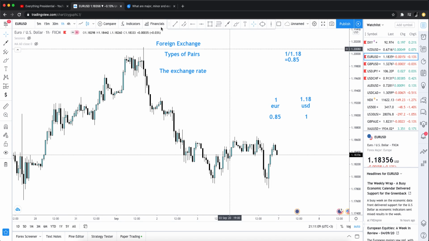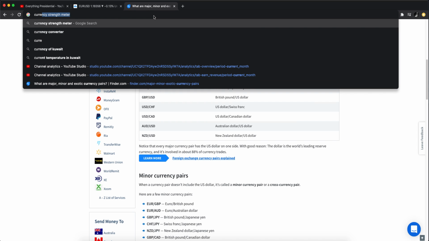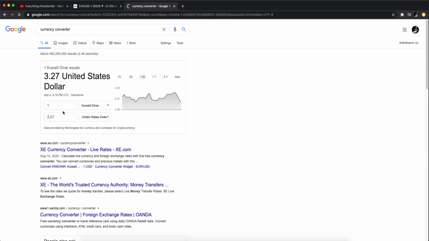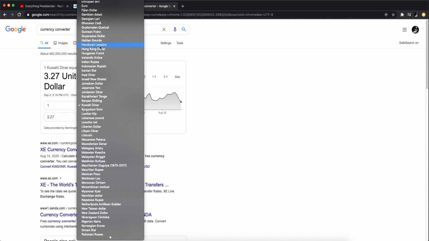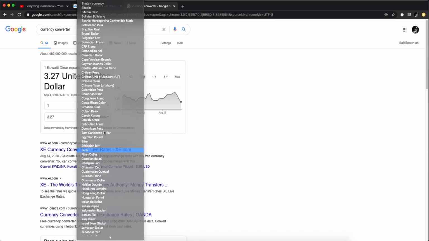Now, is this correct or not? Well, let's check it out on Google currency converter. Okay, right here. So euro and US dollar.